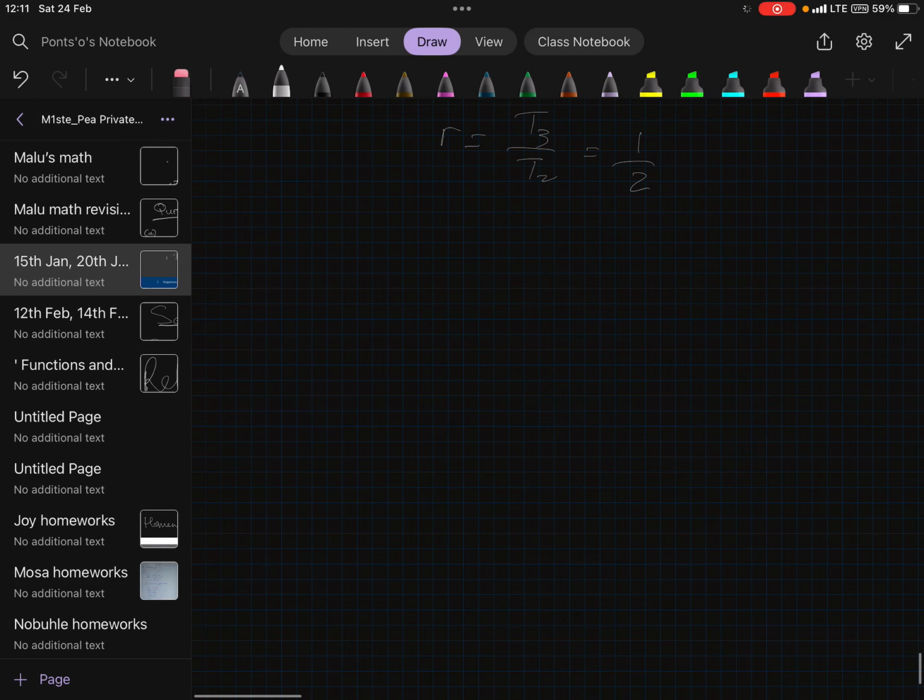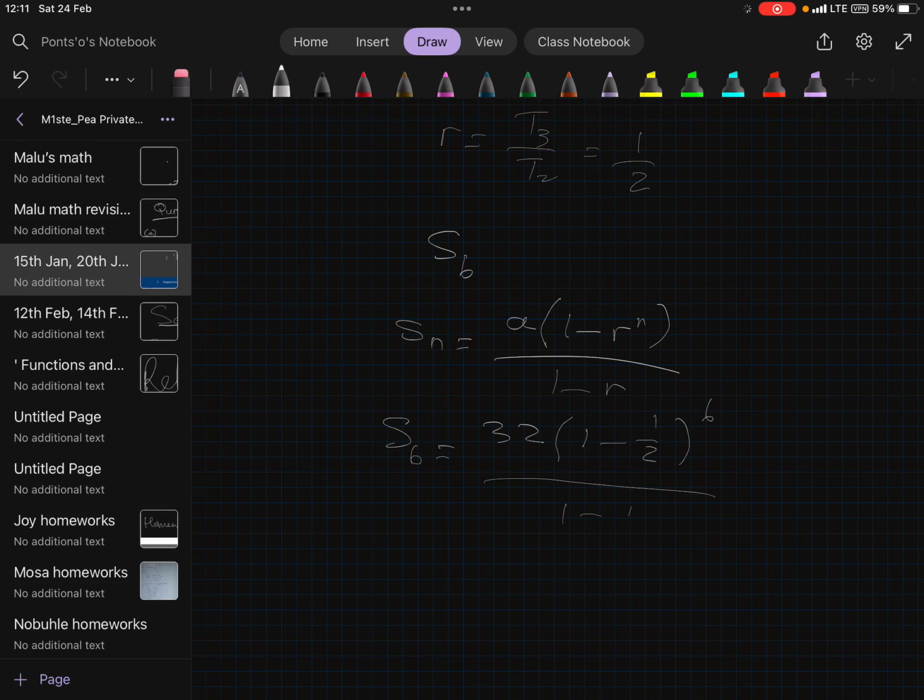So writing down our formula, Sn equals A into 1 minus r to the power n over 1 minus r. The sum to the sixth term would be 32 into 1 minus a half to the sixth power, over 1 minus a half.